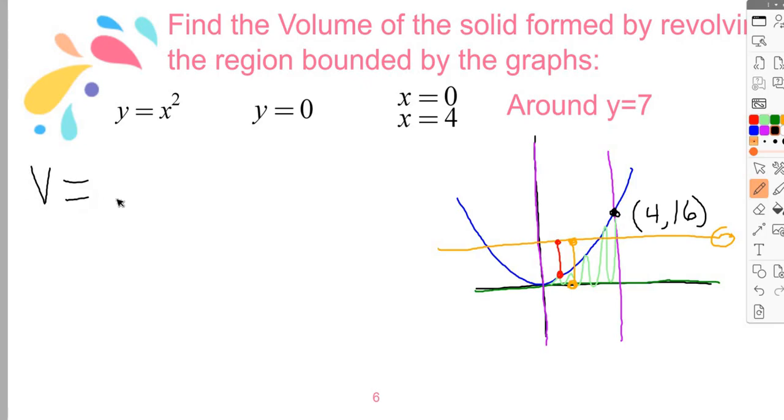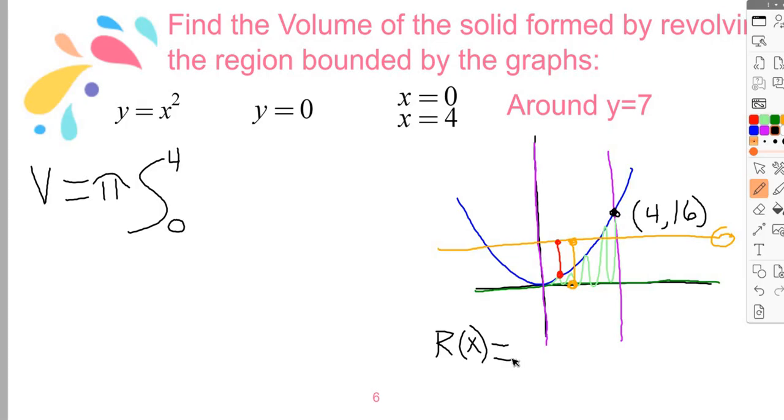So our volume equals pi times, what's our bounds? Zero to 4, okay? And then we need 2 things. We need our big R and our little r. Okay, so big R of x, well, it's kind of nice because what is it?